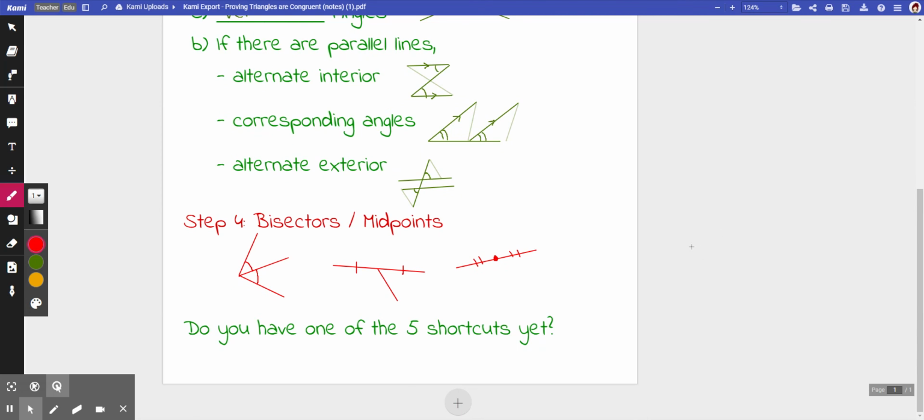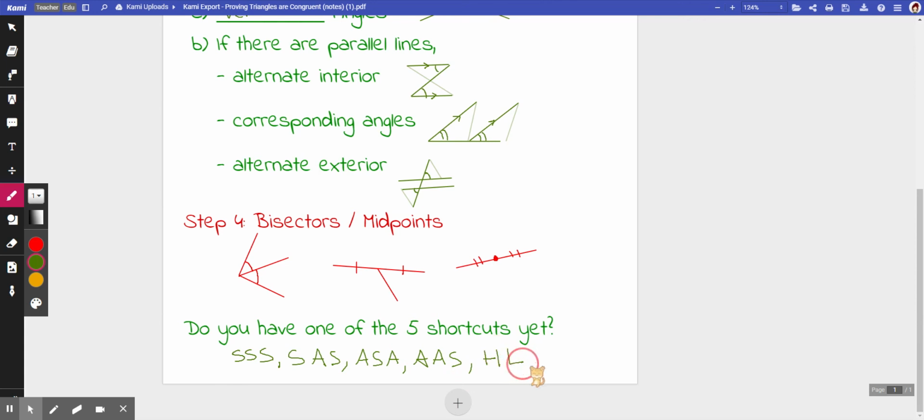And then hopefully by that point, you have 3 pairs of congruent pieces, angles, or sides that give you one of your 5 shortcuts. Remember that your 5 shortcuts are side-side-side, side-angle-side, angle-side-angle, angle-angle-side, and then HL, which is the weird one where instead of being 3 pieces that you know are congruent, it's 2 pieces that are congruent and 1 right angle.